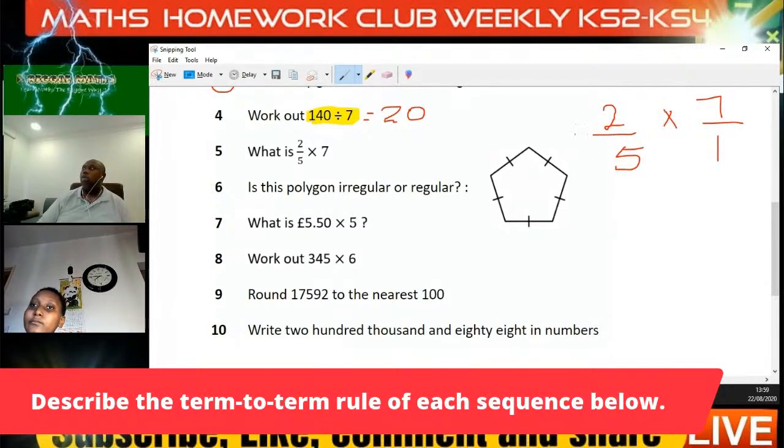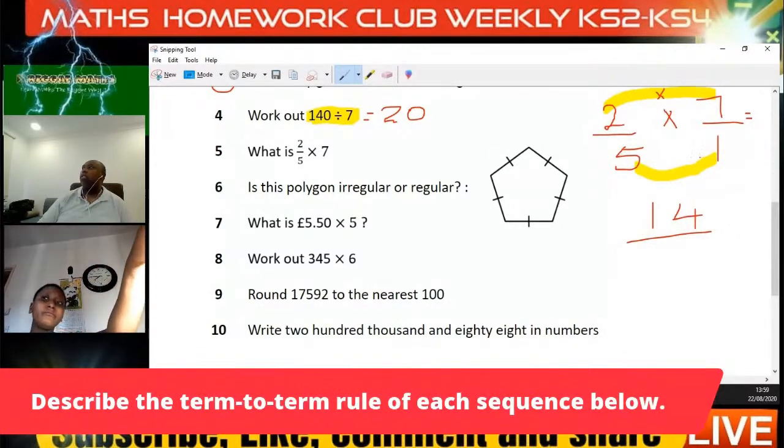Okay? Right. So, how we multiply a fraction is simple. You multiply the top by the top, and you multiply the bottom by the bottom. So, we're going to multiply 2 times 7, 14. Double 7, 14. What is 5 times 1? 5. And so that's the answer, but that is known as a top heavy fraction.